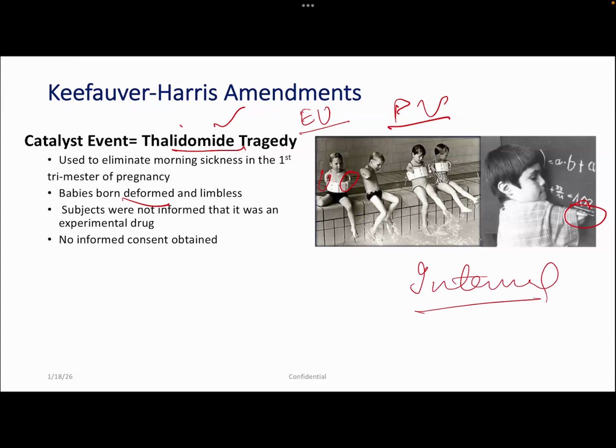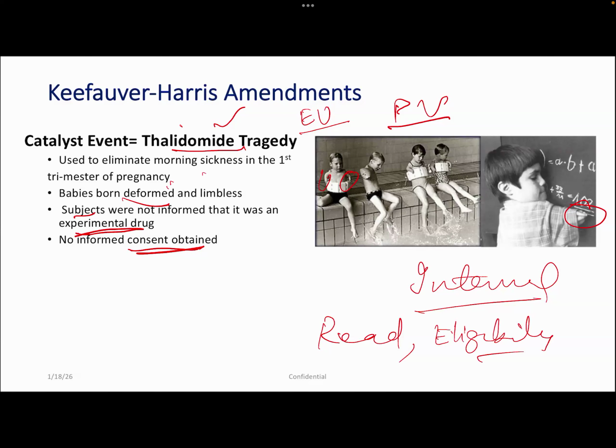And the problem is that these ladies were not informed that this is an experimental drug. No consent was taken. And today, if you read the eligibility criteria of any study, this will be the first sentence written: men and women, irrespective, if you are planning for a family, or during a trial you become aware of it, you should immediately stop the research.